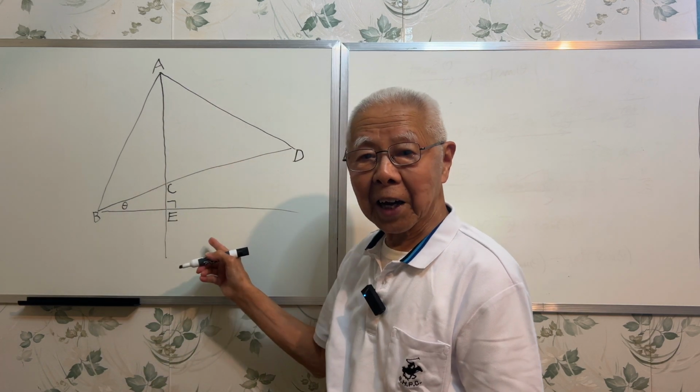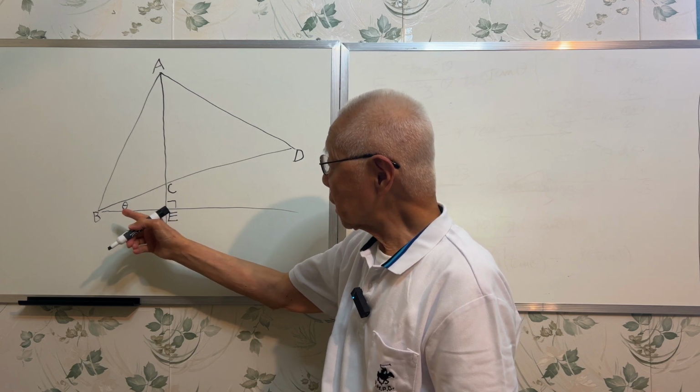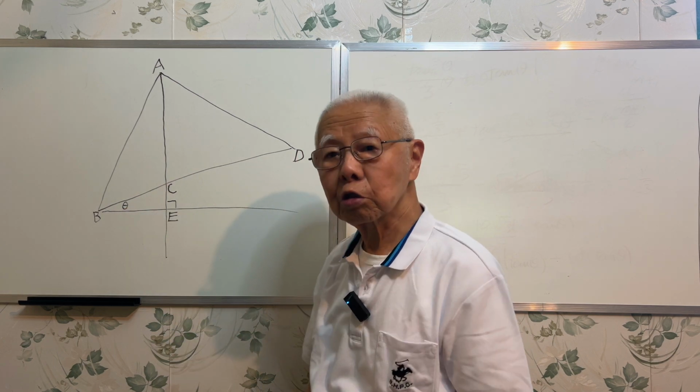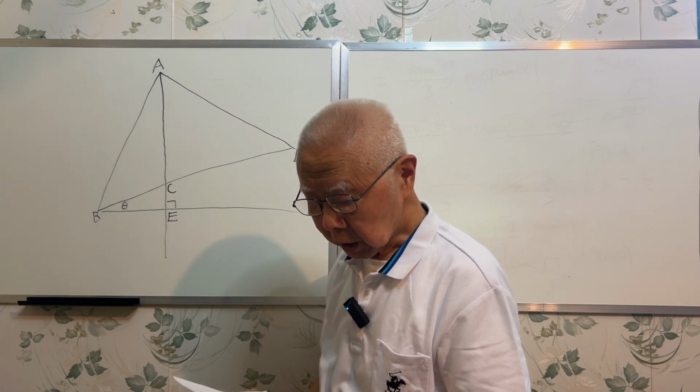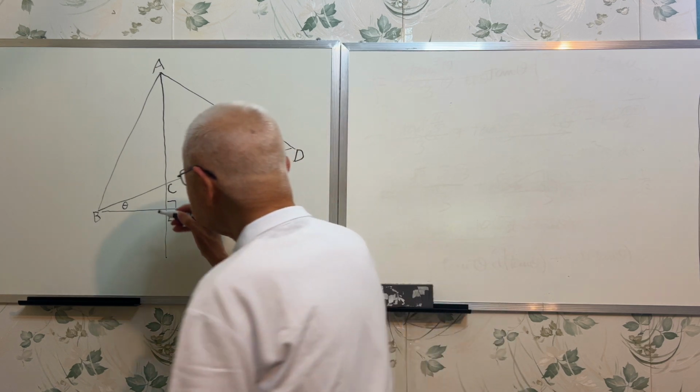This vertical line divides the side BD into two parts, and we call the two parts a and b.